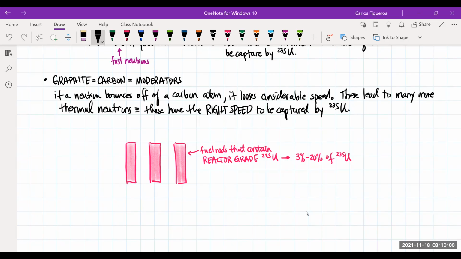So before the rods are inserted, almost no fissions occur.